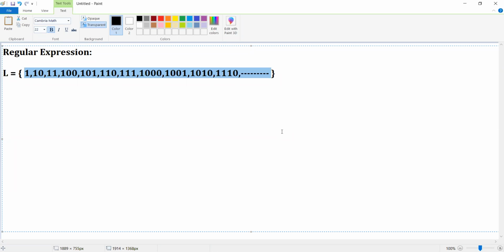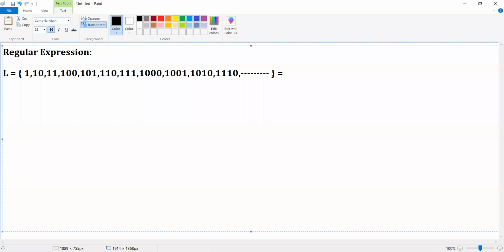Very good. The thing which is common for all the strings is that it starts with 1. After that one, whatever comes, it can be 0 or 1, or combinations of zeros and ones.